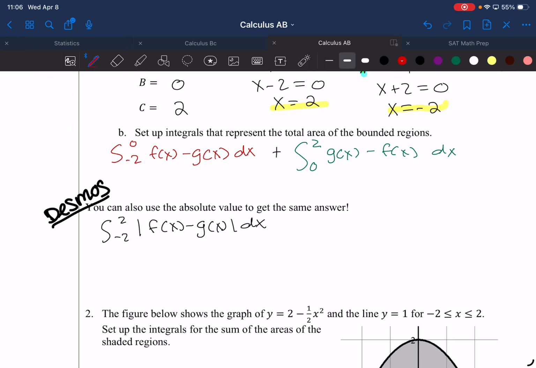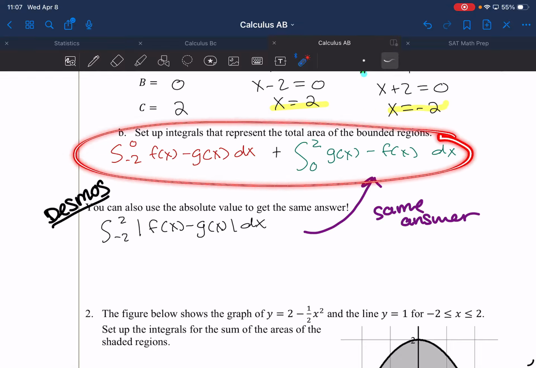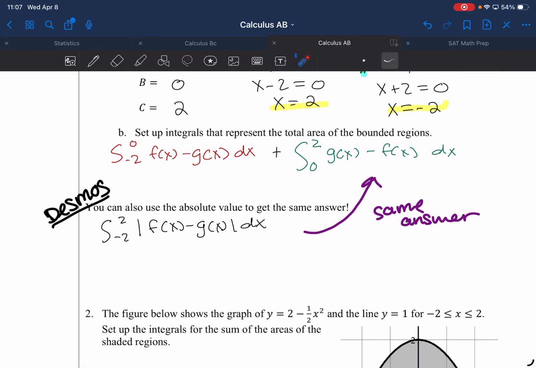Whatever we get for the absolute value of the integration is going to be the exact same answer as if we separated the two integrals. So if we had to do this without a calculator, we would separate the two integrals. If we had a calculator, then we would use this way, just take the absolute value.